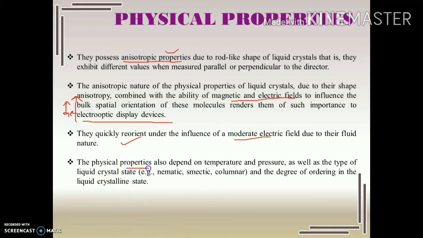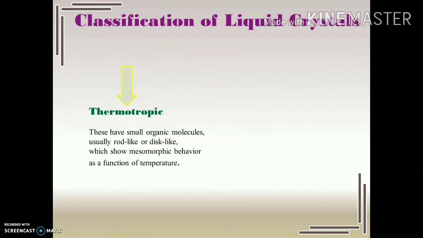Last of all, the physical properties of these substances depend on temperature as well as pressure, and also on the type of liquid crystal state, that is, whether it exists as nematic, smectic or columnar, which we will be studying in our upcoming videos. And yes, of course, the ordering in the liquid crystals.